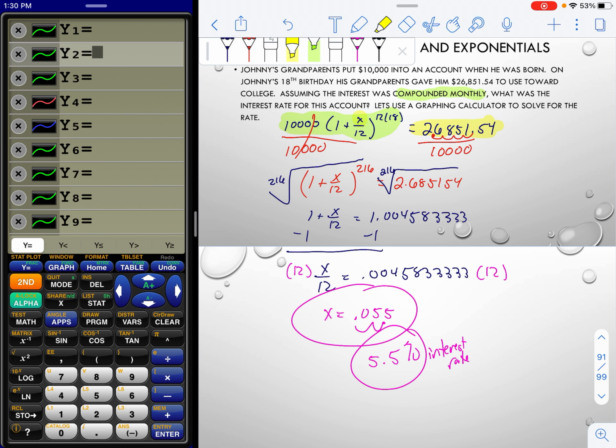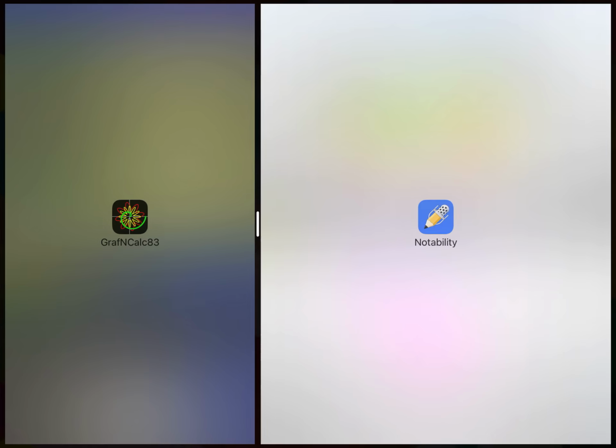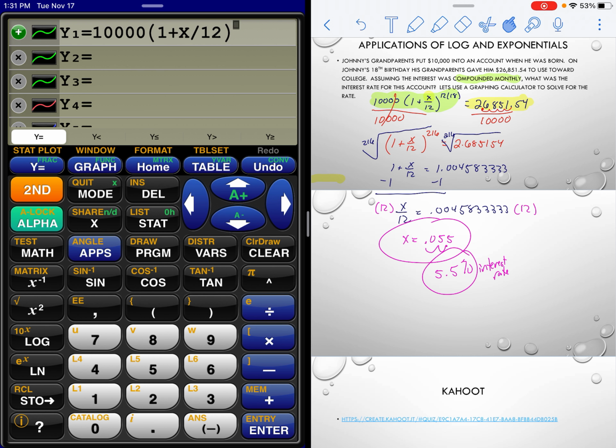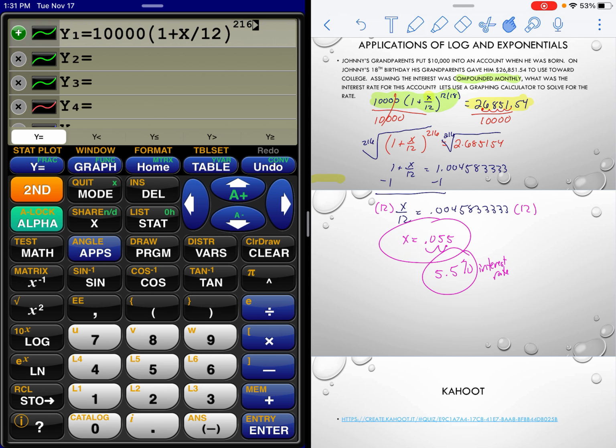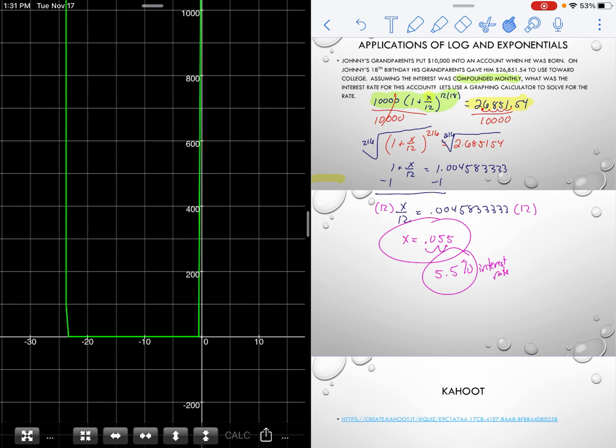So let's go here and clear out whatever's in there. 10,000 times 1 plus x over 12 raised to the 216th power, and I want that to equal $26,851.54. Okay, so when I hit graph, I need to go way high, right, to find 26,000.